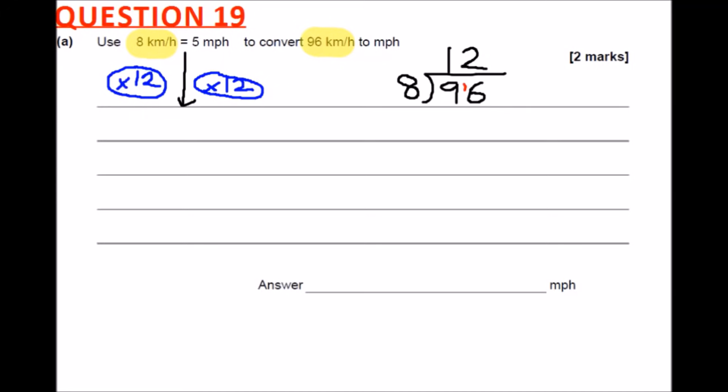So what we have is 8 times 12 gives us 96 kilometers per hour, and then over here 5 times 12 gives us 60 miles per hour. So our answer is going to be 60 miles per hour.